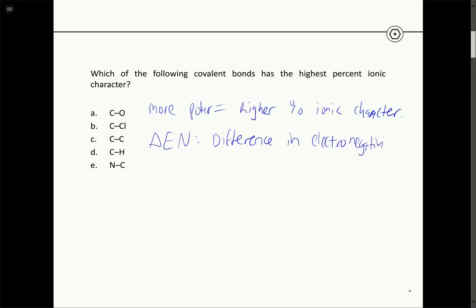In general, a higher difference in electronegativity correlates with the more polar bond, or as it is in this problem, the bond that has the highest percent ionic character. So if we're looking for highest percent ionic character, we're looking for the largest difference in electronegativity.